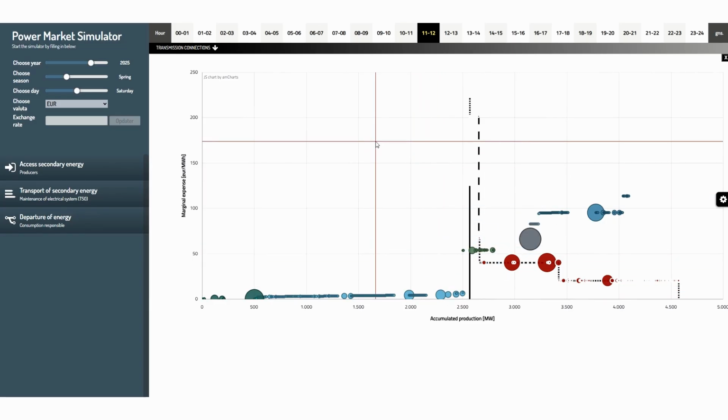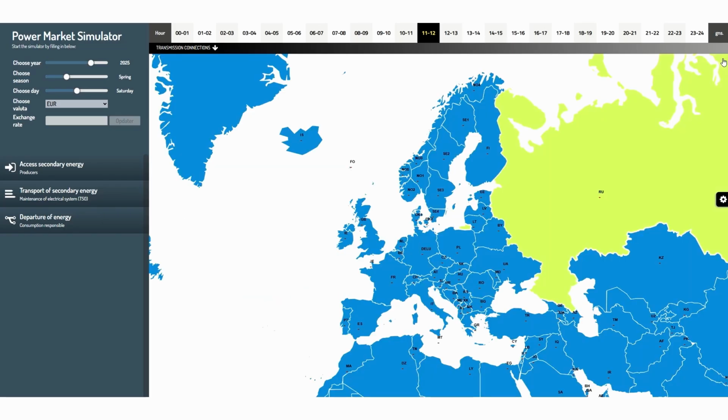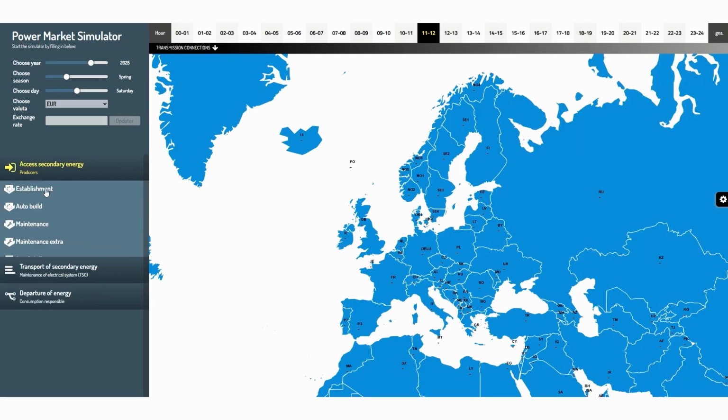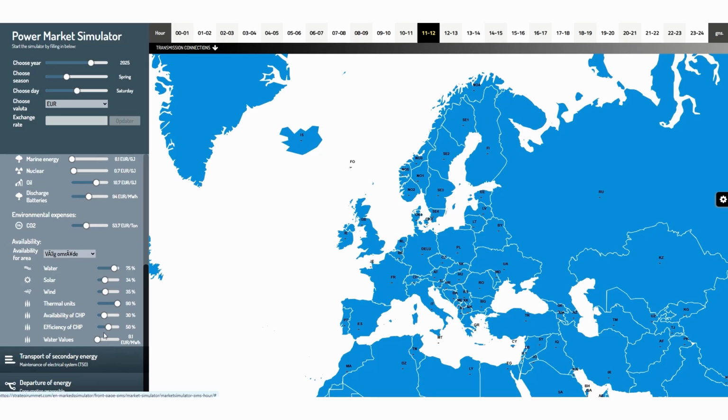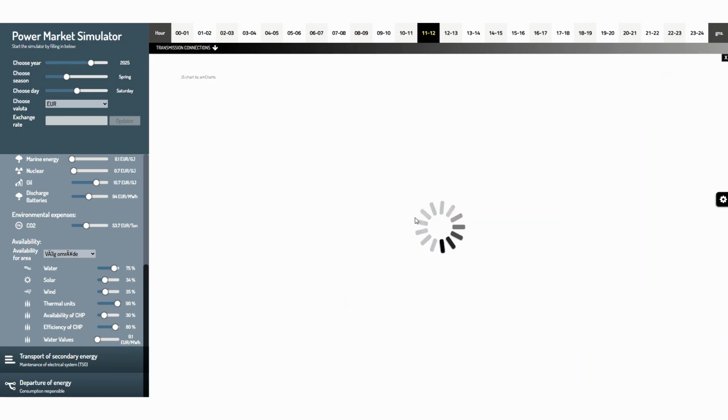The first thing we should do here was to increase the efficiency of the CSP units. So I'll close down the bubble diagram here, and then I go here and say buy and sell, and then I increase the efficiency here to 80%, and then I open again the bubble diagram here.